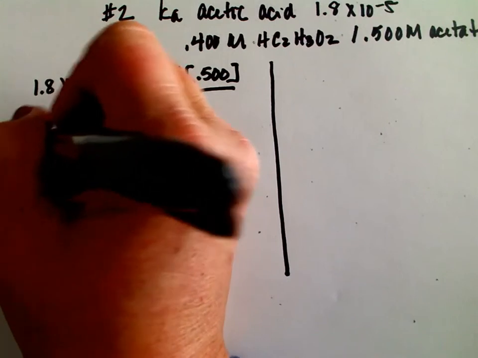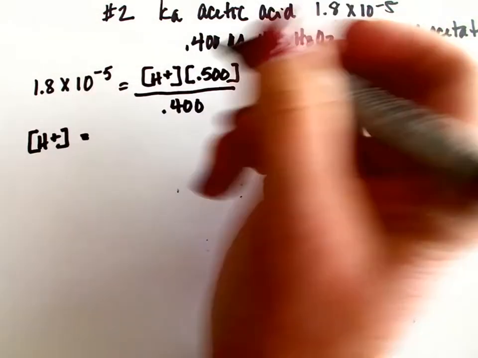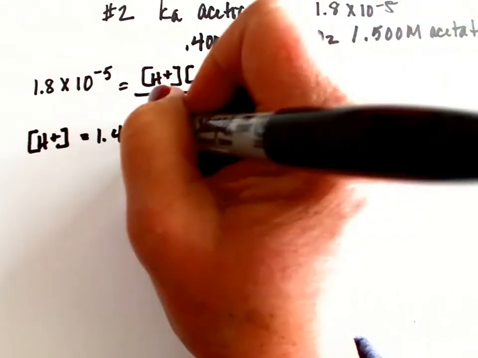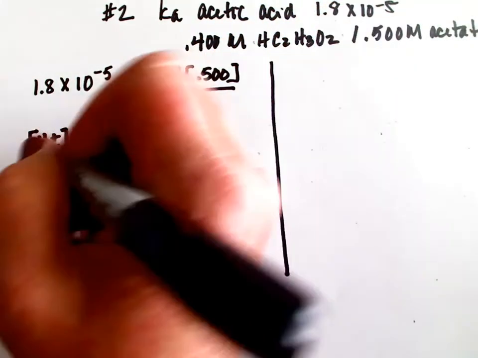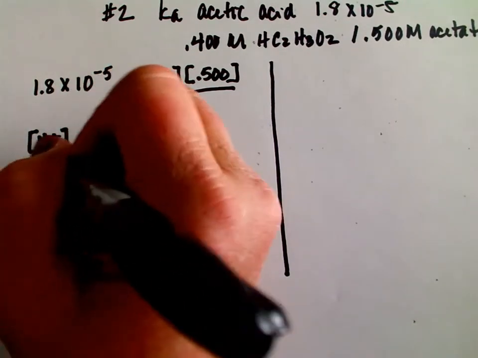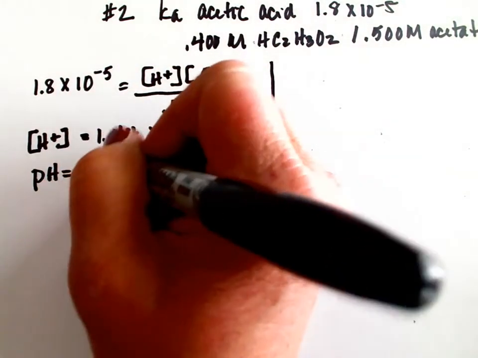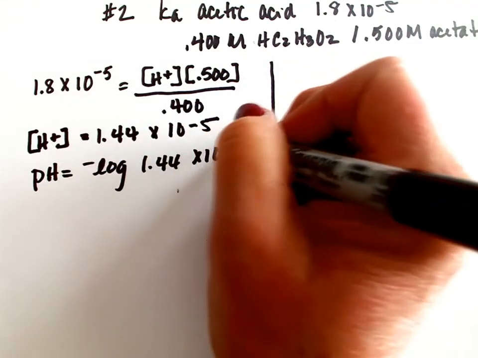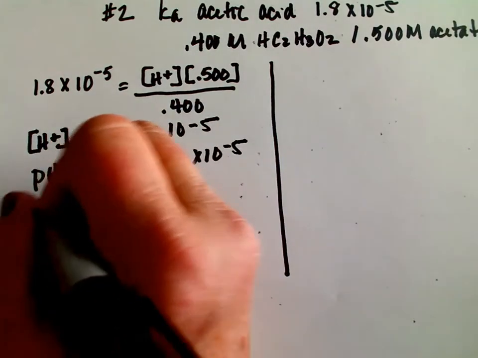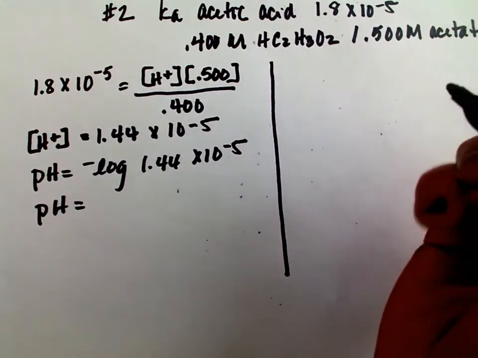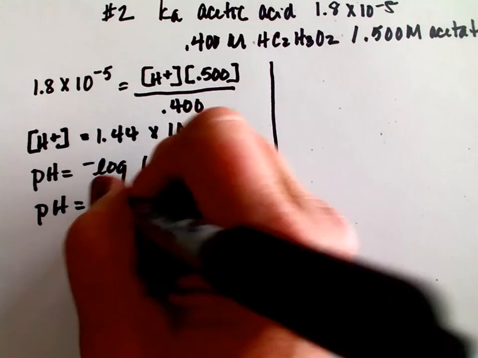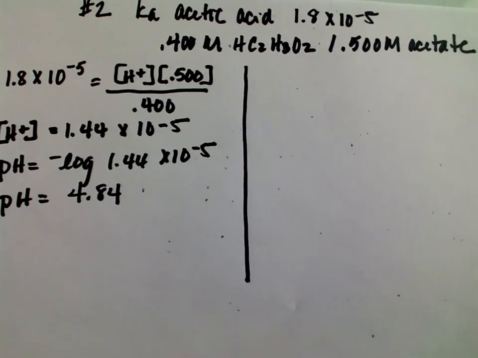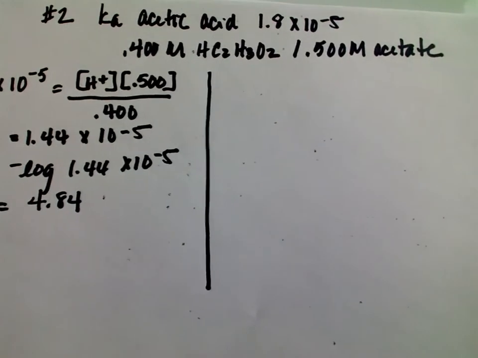And so hydrogen ion concentration is 1.44 times 10 to the negative 5, and pH, negative log of that concentration, and our pH of this buffer is 4.84. So again, we've got a buffer in the acidic range.